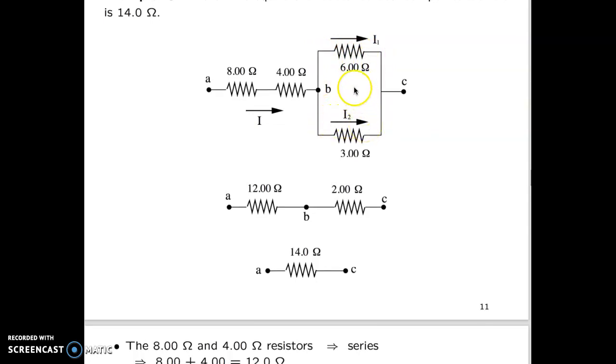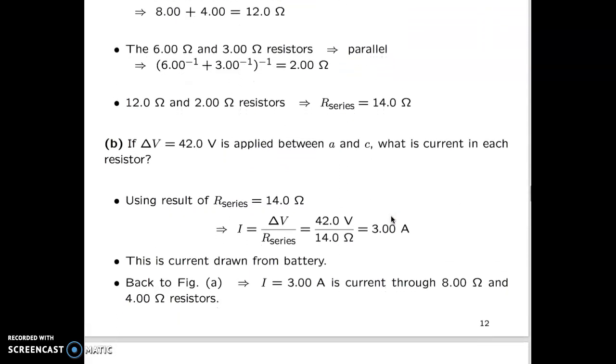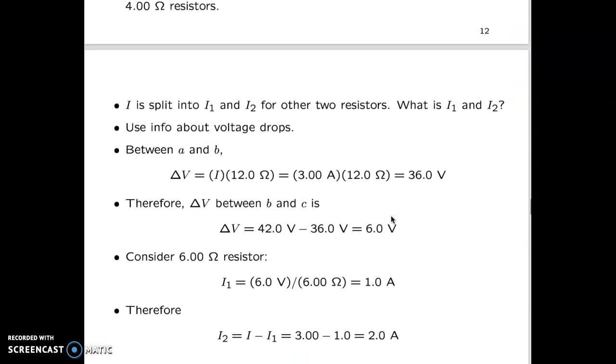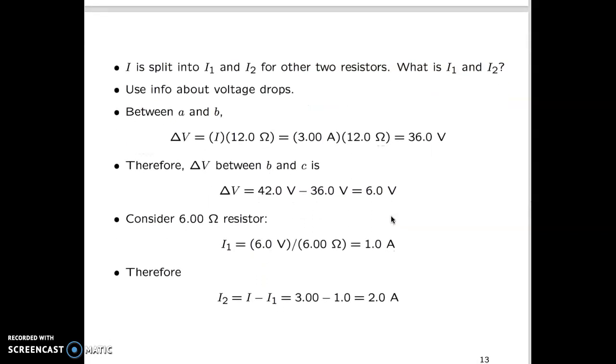If I know the delta V across each of these resistors, the 6 ohm resistor and across the 3 ohm resistor, it's the same value, 6 volts. And I know the resistance, then I can easily calculate the current that flows through each one just by going back to really the V equals IR equation. Solving for I, it's I is V divided by R.